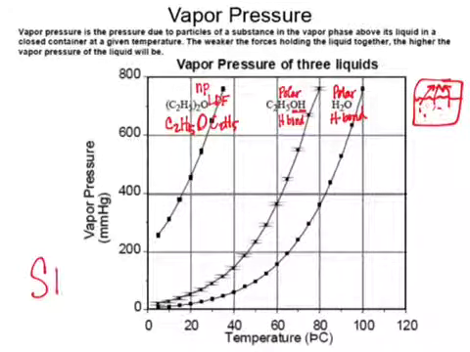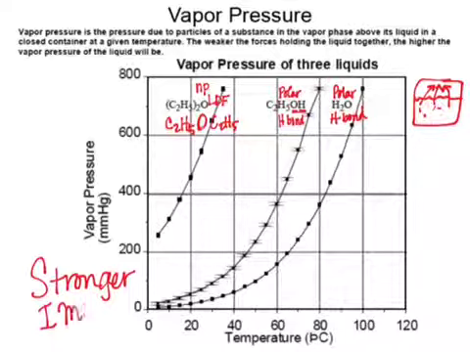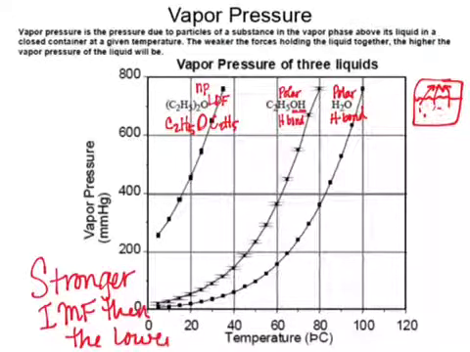So if you were asked why diethyl ether has a higher vapor pressure than the other two liquids, what you would say is that the stronger the intermolecular force, the lower the vapor pressure.